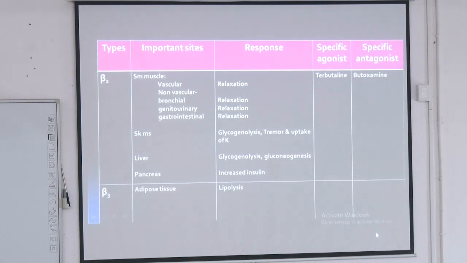In massive crush injury, compound fracture, laceration of the muscles, the muscle is the seat of the potassium, and during laceration, large amount of potassium will be released into the blood, causing hyperkalemia. And in that situation, we can also use beta 2 agonists for short time.